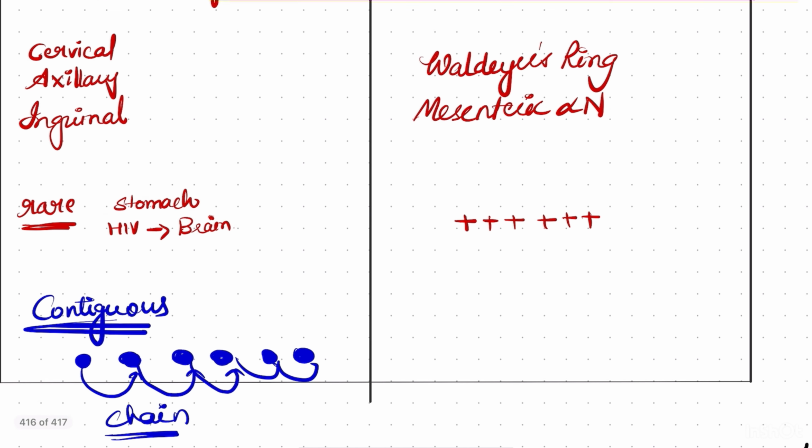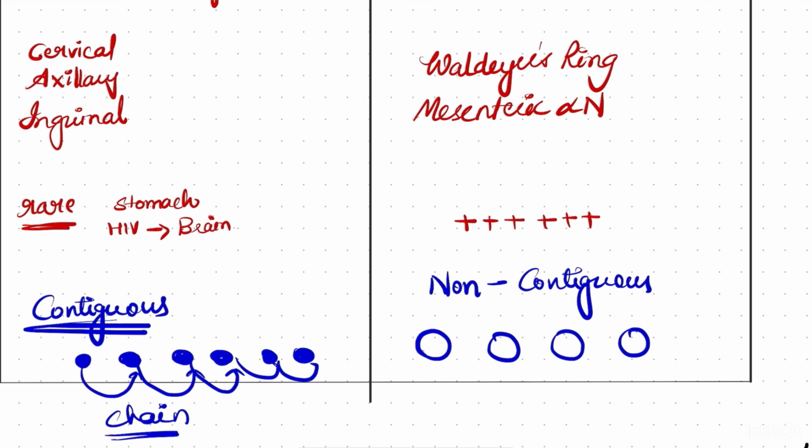Whereas in non-Hodgkin's, it is non-contiguous, that is, it is not continuous. For example, you take this set of lymph nodes. If this one is affected, the second and third will be skipped, it will affect the fourth, again the fifth will be skipped, the sixth will be affected.